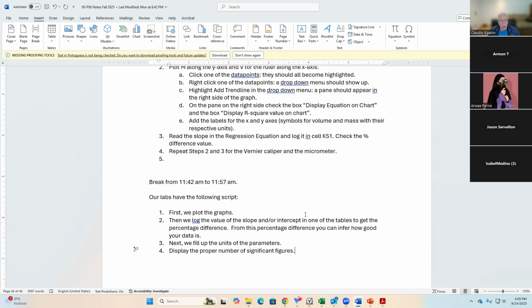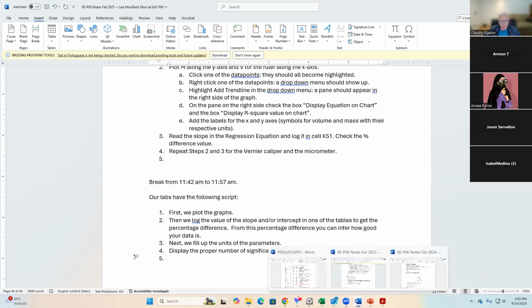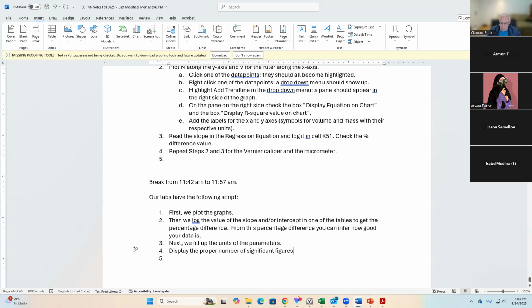First you have to know the number of significant figures of each of your measurements. Significant figures of your measurement and significant figures of your results.